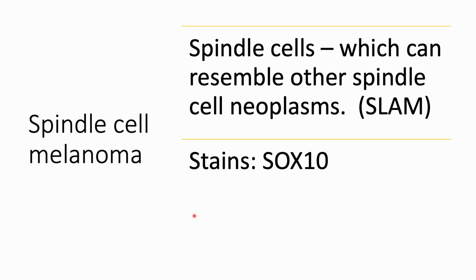We all know that melanomas can stain with S100, but S100 is not the right answer here, because S100 can stain lots of things, and SOX10 is more sensitive and specific, so that is the one to go with. Melan A, which is usually very useful in other types of melanoma, is not positive in this type of melanoma. Spindle cell melanoma only stains for SOX10.